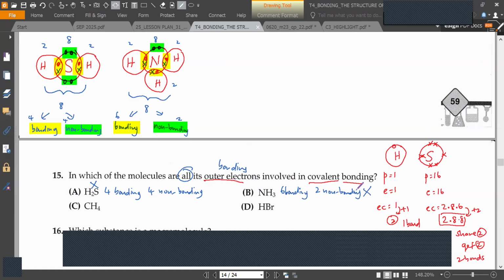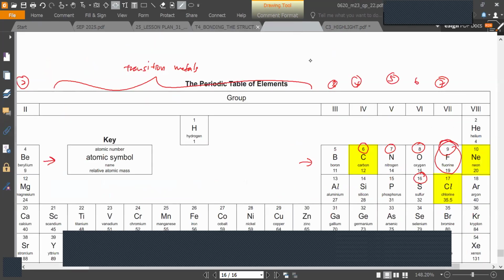HBr. If we look at the periodic table, Br is here. It's got lots of electrons, so it's a little bit tricky for us to work out the electron configuration. What we need to know is Br is in group 7. That's all we need to know.